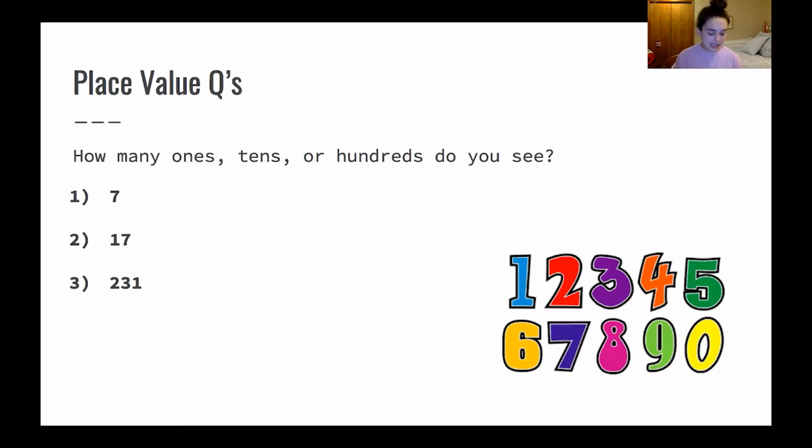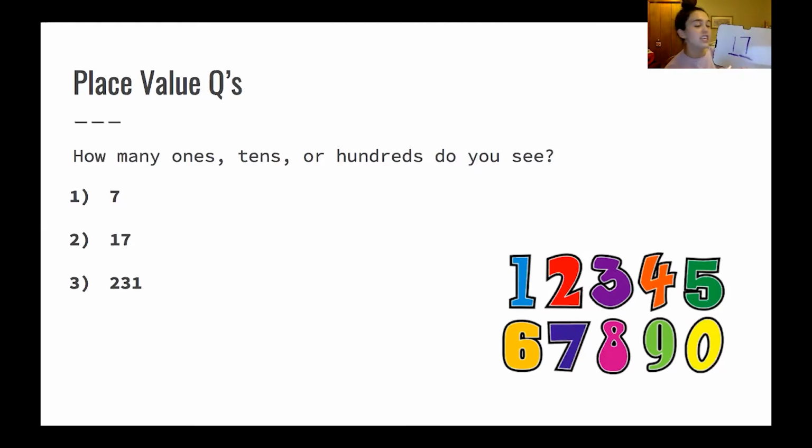Moving on. Let's look at the number 17 together. Do you see hundreds, tens, ones? What do you see here? Hopefully you see right here, we have 2 digits. So we know we have more than just ones, right?